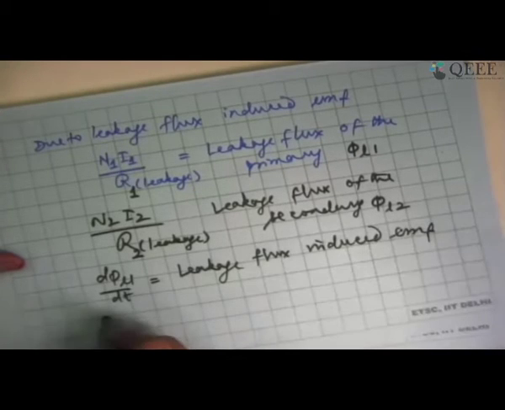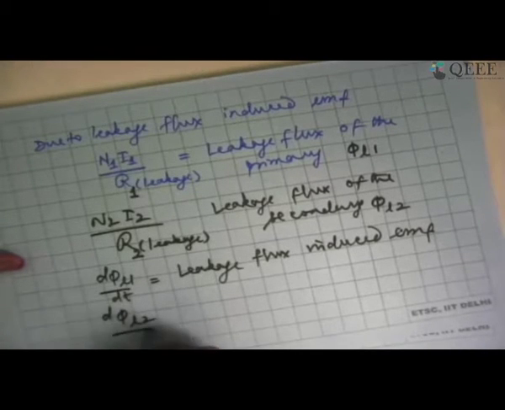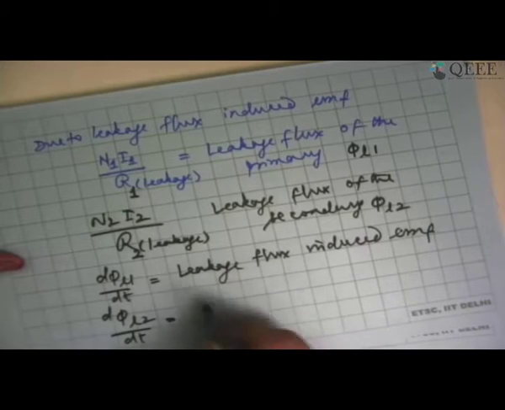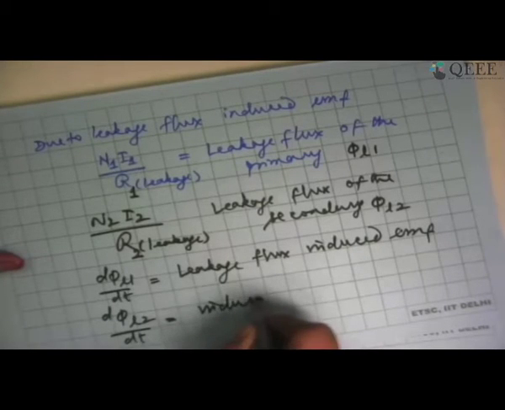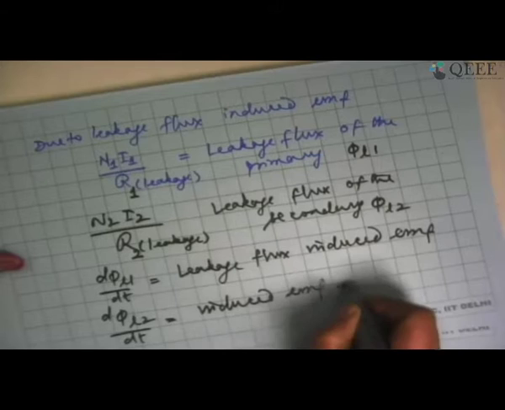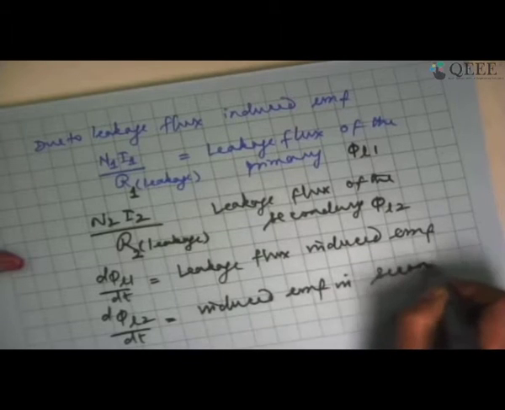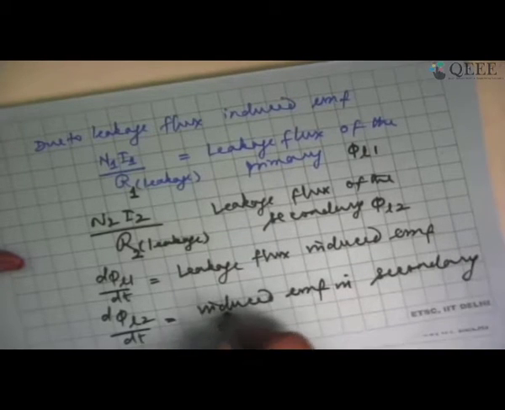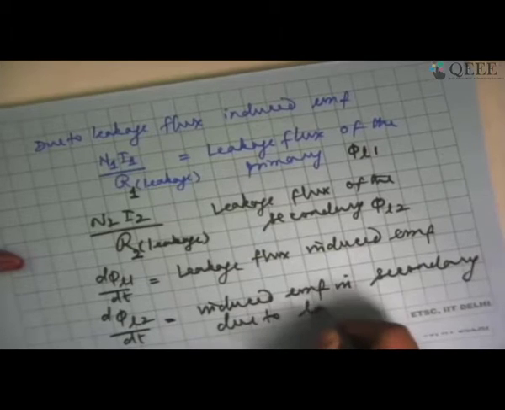Similarly, I should be able to write d phi L2 by dt as the induced EMF in secondary due to leakage flux.